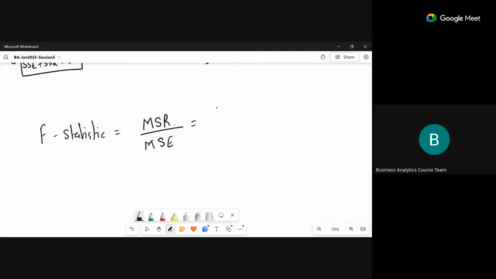So what is MSR? MSR is nothing but SSR by k, the degrees of freedom, divided by SSE by the degrees of freedom for error, which is n minus k minus 1. On an average, if I give you k degrees of freedom, you are able to capture SSR amount of variability.